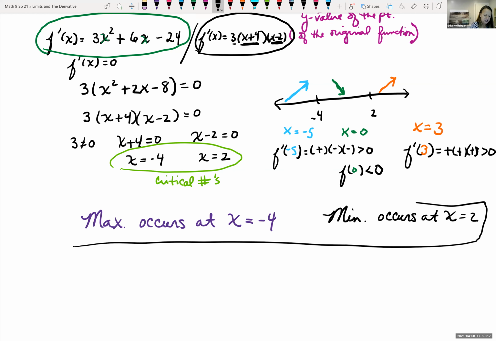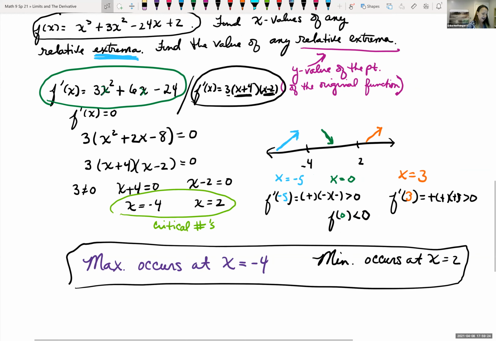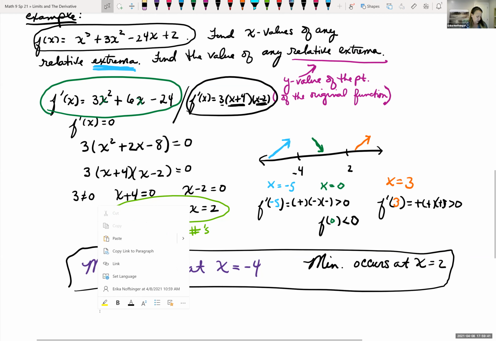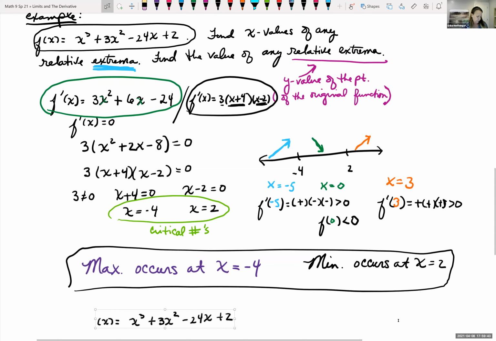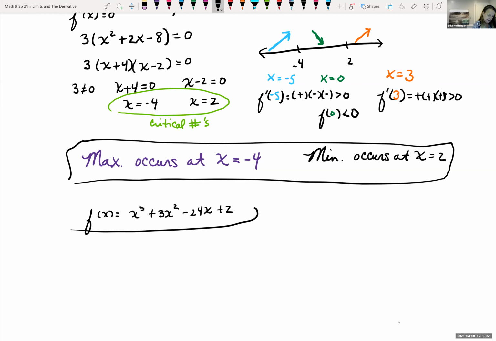Okay, so that's the location of our max and min, but to find the value of those, we have to go back in and plug into our original equation. Okay, so our original equation is this.